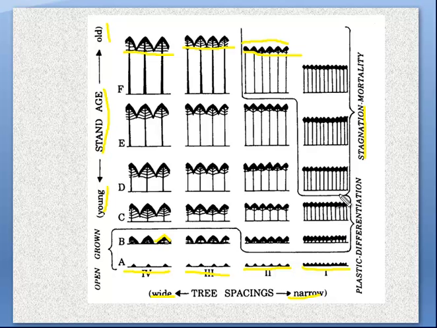Stagnation. And this is an extreme example. This is a bit like ponderosa pine, Pinus contorta, and you can see here how stagnated they are. So tree growth is greatly influenced by the very important thing called tree spacing.